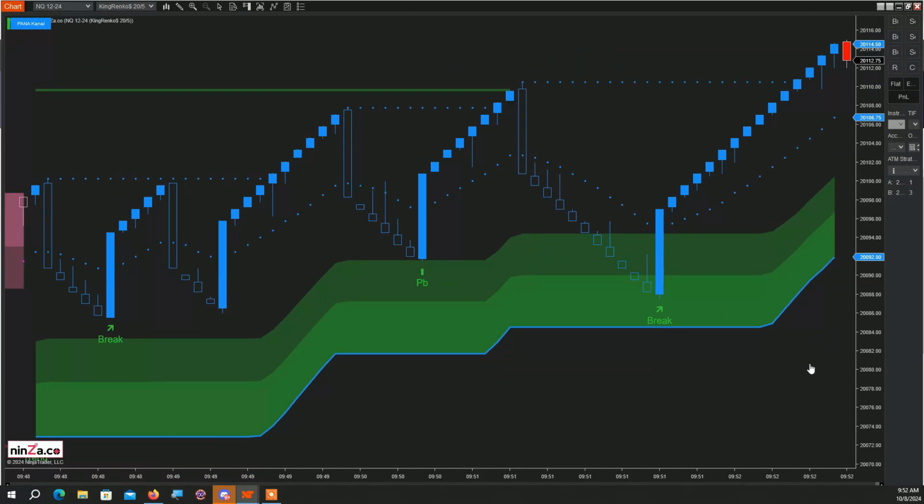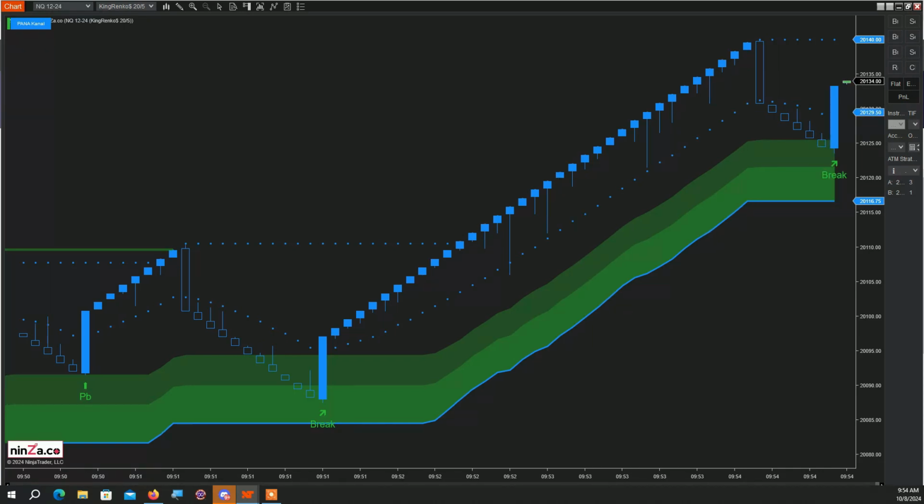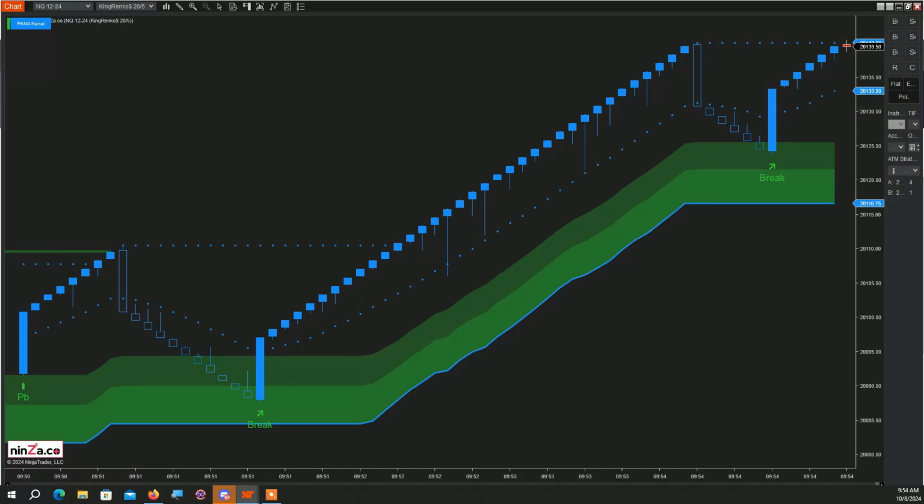This was a break signal. You see how the bar closed above those descending lines. So this makes it a break signal, and before that we had a pullback signal. There's only one pullback signal in a given trend. Target filled.